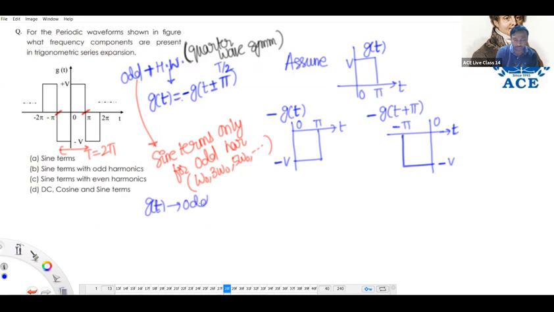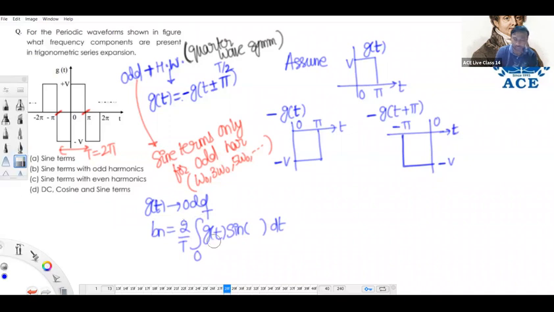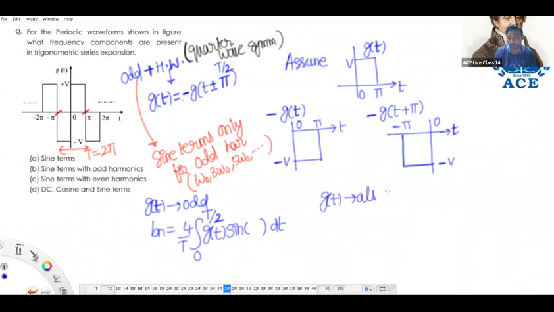If the signal is odd, what is the Bn formula? We know it is 2 by T integral g(t) sine of something. But in the first example, what have we done? Because both are odd functions, we made 2 by T into 4 by T integral from 0 to T by 2. It is not only odd, it is also half wave in this question.